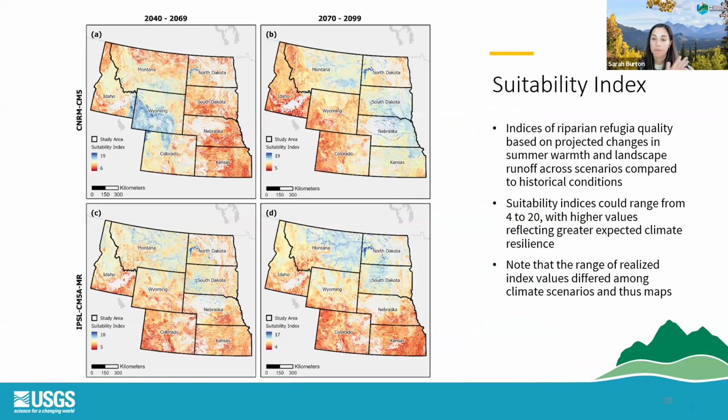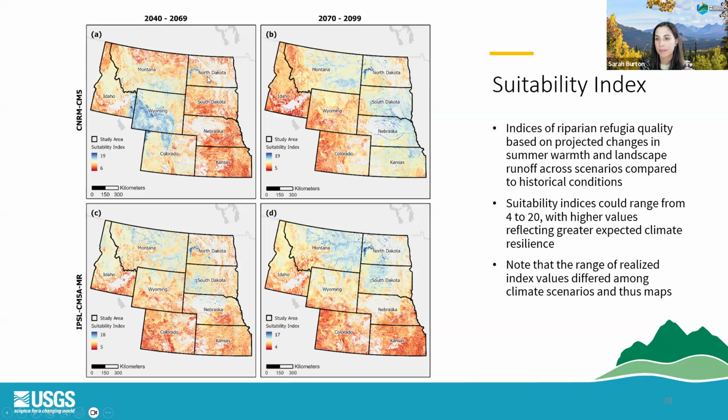So once we did that, we got everything from the suitability modeler. We had our 4 outputs. So these are 4 suitability index maps for the 4 different scenarios and timeframes that we were working with. You can see here on the left, these are our 2 climate scenarios. And then up here on the top are our 2 time periods.